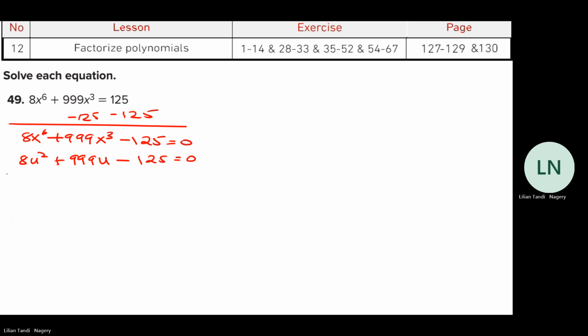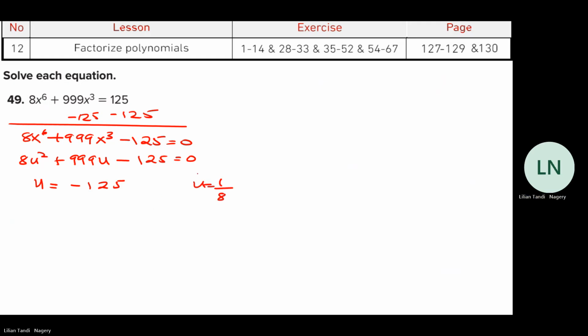Okay? And then you're going to solve this using your calculator, table, or quadratic formula. You should get 2 u's. U equals -125, and your other u should be 1 over 8.